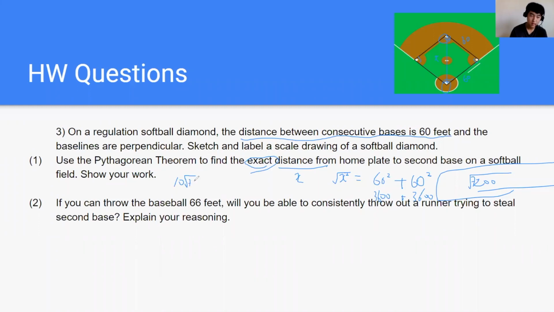It's like this, 10 root 72. We took out 100. But when the number comes out of the square root, you have to put the square root of 100, which is 10.